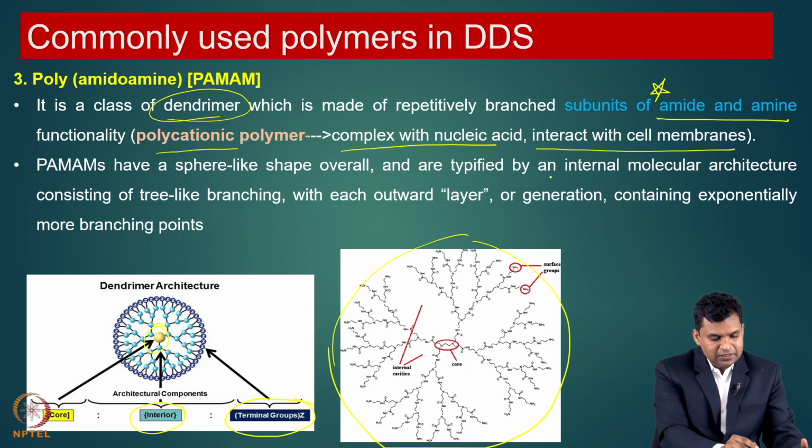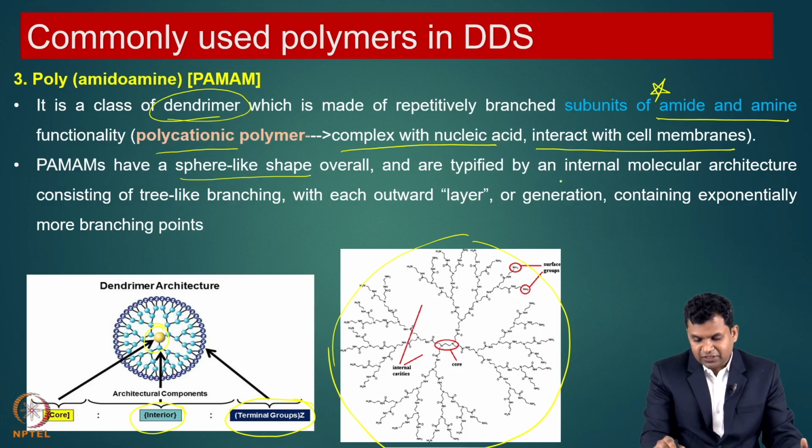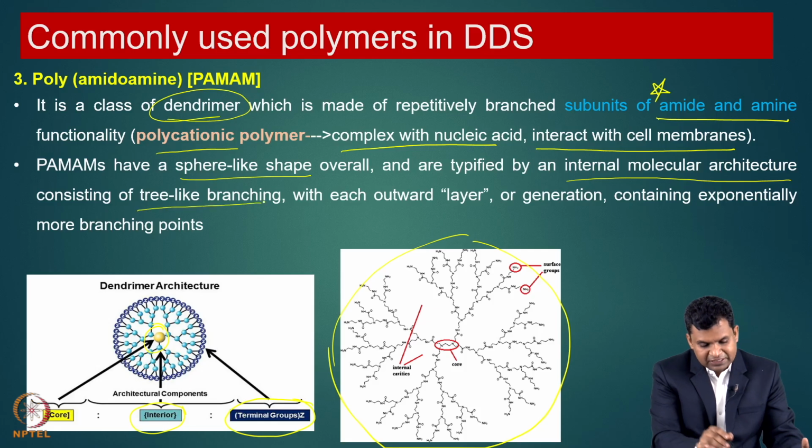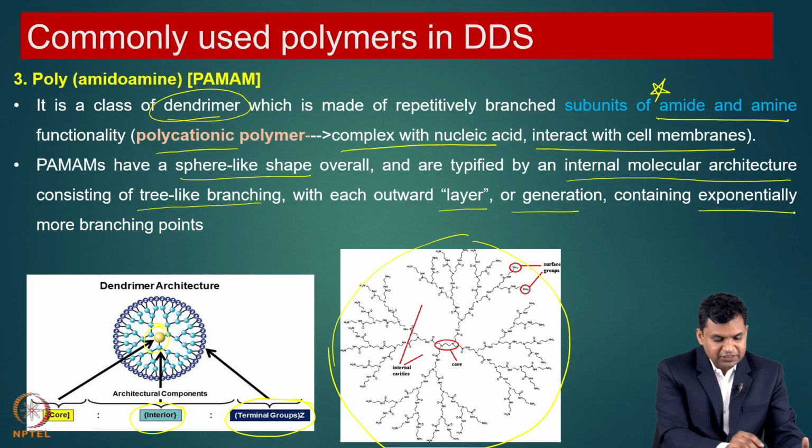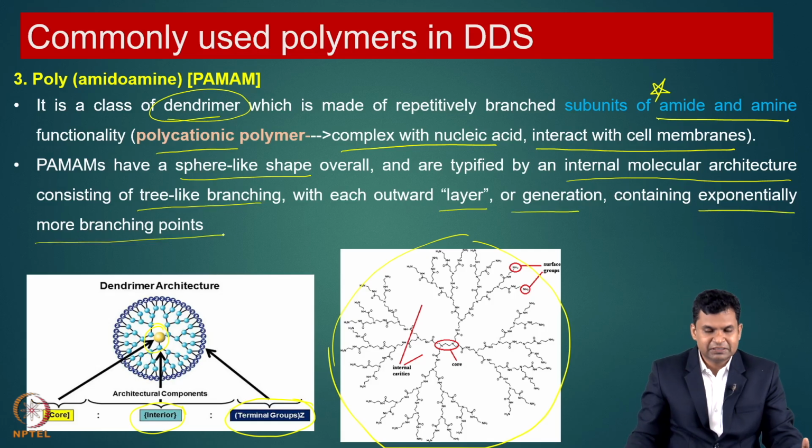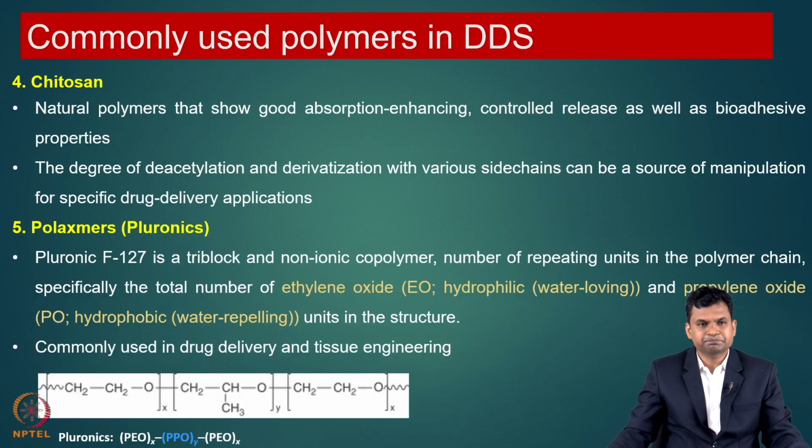Polyamidoamines are spear-like in shape and form an internal molecular architecture that looks like tree-like branching, with each outward layer or generation containing exponentially more branching points. With the surface functional groups you can conjugate various types of drug molecules. This polymer is mostly used for dendrimer applications.